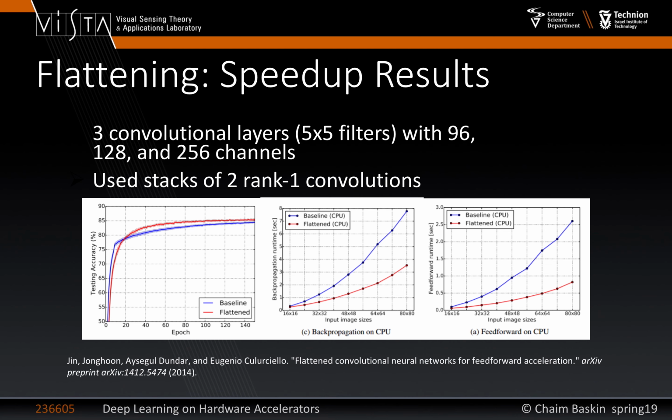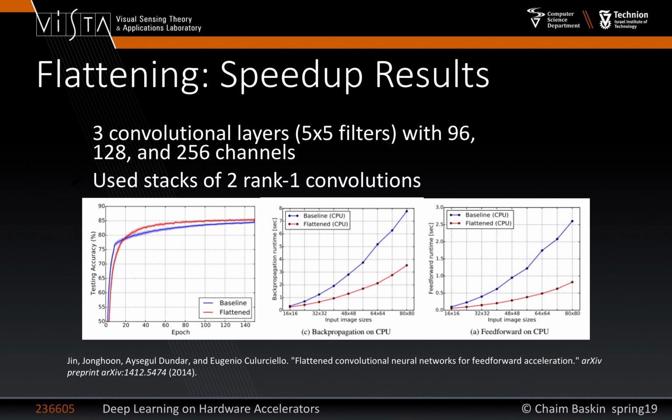We have some results here. The experiment was done on 3 convolutional layers, with 5 by 5 filters and 96, 128 and 256 channels. So you have 3 convolutional layers with a different number of channels.